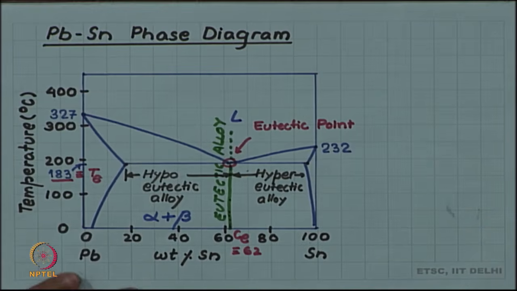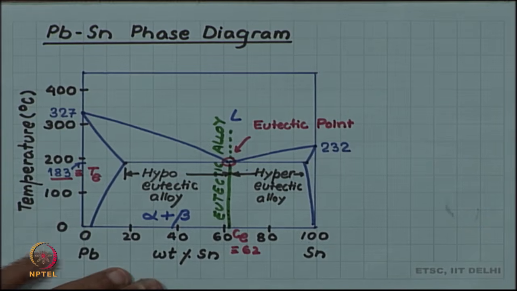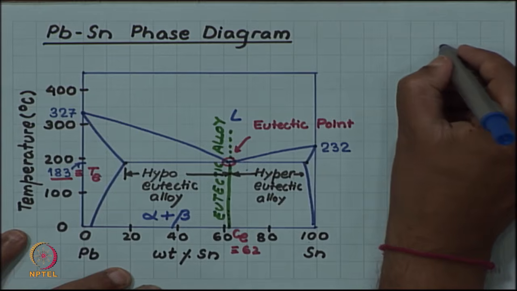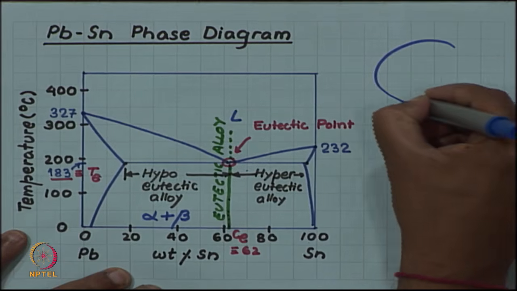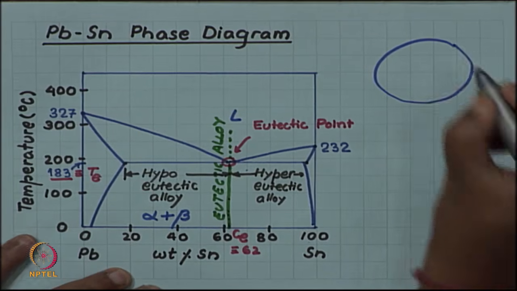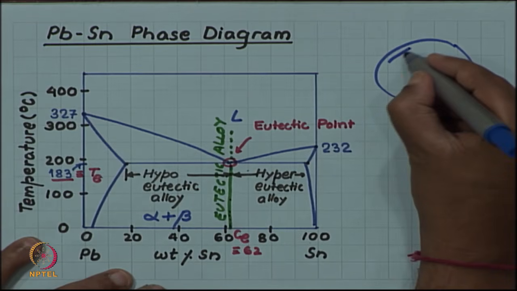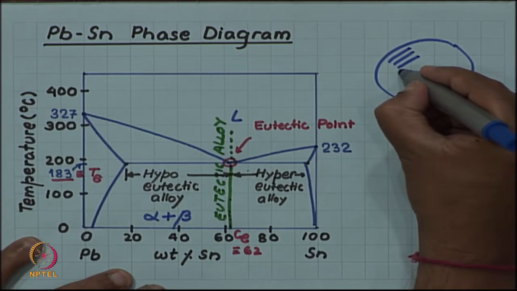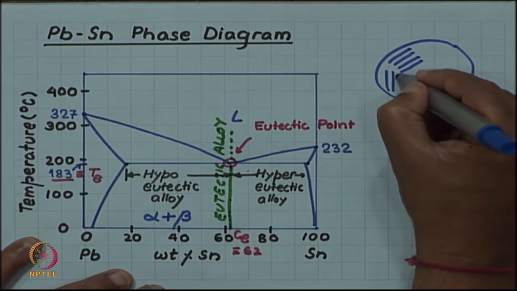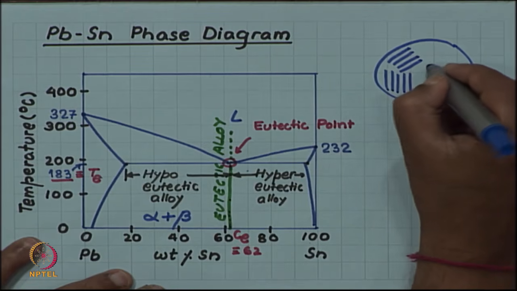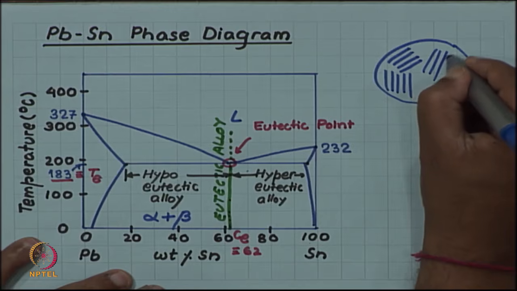So, liquid solidifies directly into two phases, alpha and beta, and we saw yesterday that the eutectic alloy gave a microstructure which was alternating plates of alpha and beta, oriented differently in different regions of the microstructure.